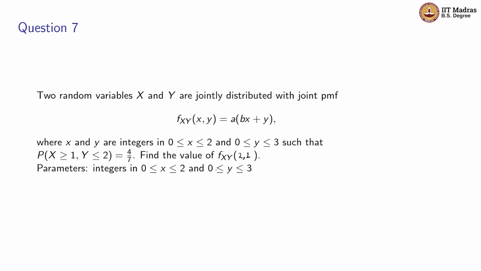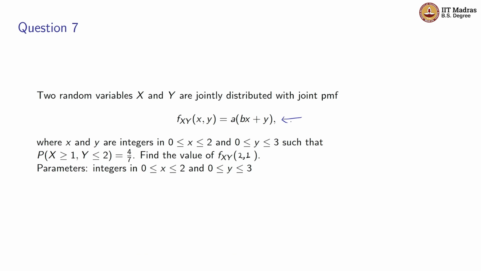Question number 7 says that two random variables X and Y are jointly distributed with joint PMF. So this is the joint PMF of X and Y. And here X and Y take integer values from 0 to 2 and 0 to 3 respectively. And the joint probability that X is greater than or equal to 1 and Y is less than or equal to 2 is equal to 4 by 7.